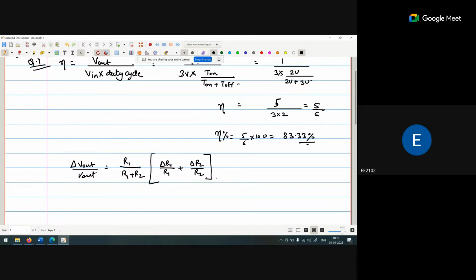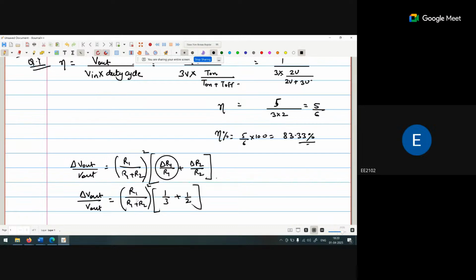Now del of R1 upon R1 is given as 0.33%, that means 1 by 3, and del R2 upon R2 is 0.5%, 1 by 2. Yes, this is the formula.